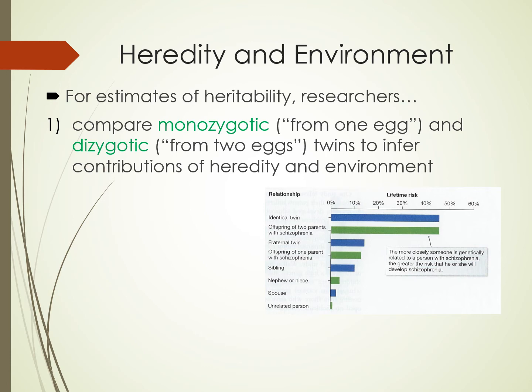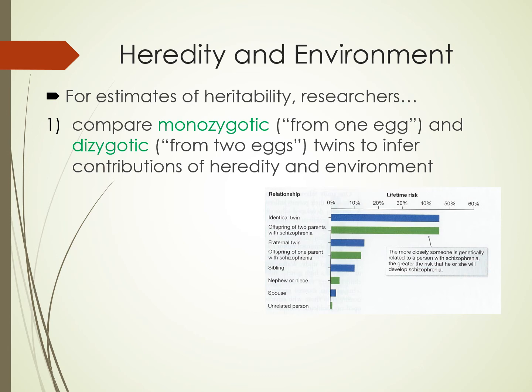genetic similarity, but they are more similar in their environment than other siblings. They're more similar in their environments in the same way that monozygotic twins are. Importantly, here is the prenatal environment, but what's also important is where you are in the family, as far as whether you're an older sibling, a middle sibling, or a younger sibling.